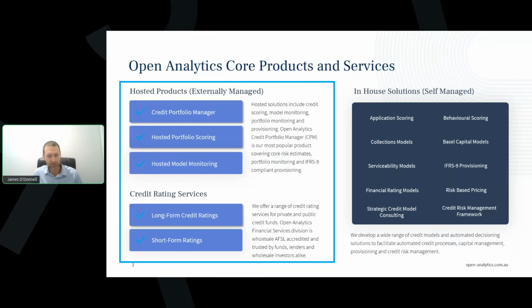I noticed on the signups quite a few familiar names, but for those on the call that don't know much about Open Analytics, we are a company that's very much specialised in credit risk and credit risk management. One area that we focus on a lot is building, designing and managing credit models.